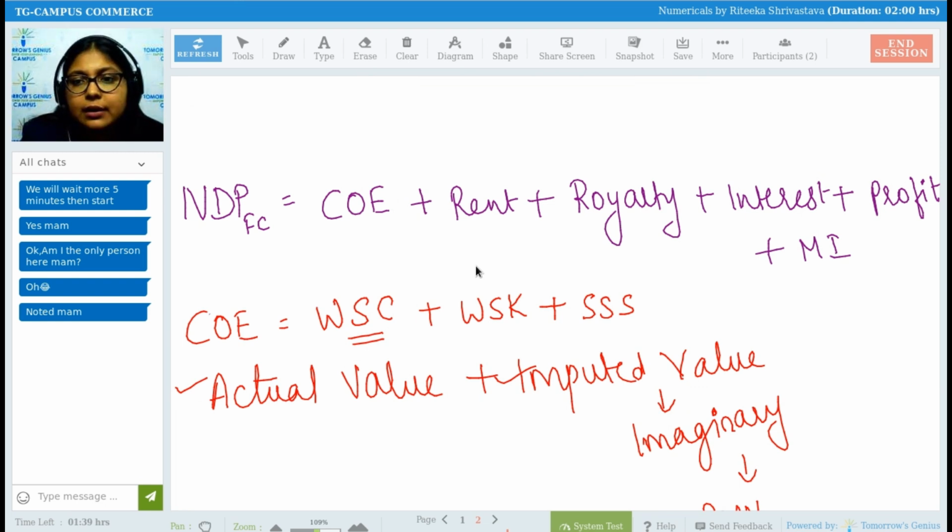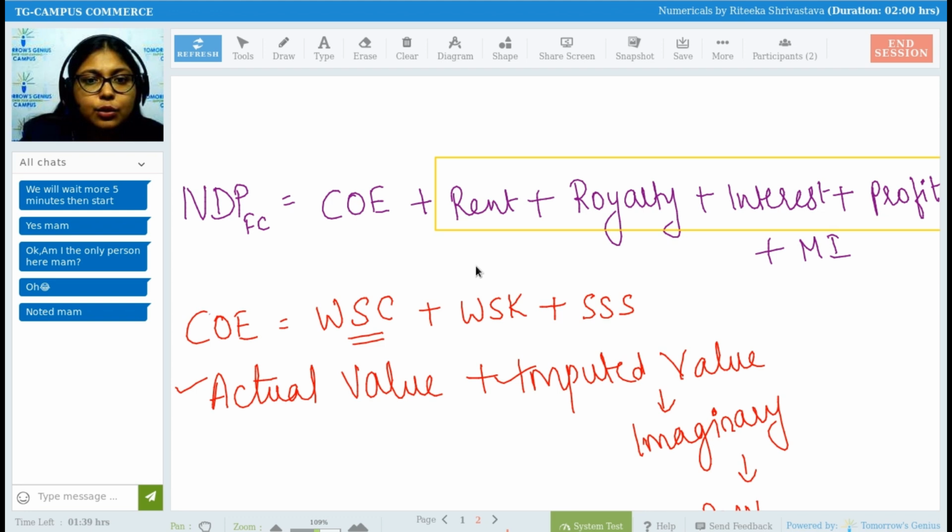You just have to cut compensation of employees and mixed income. The remaining rest you keep as it is. You will get operating surplus. Rent plus royalty plus interest plus profit. Just remove COE and mixed income from NDPFC. You will get operating surplus. Fine. So this was your next method, that is the income method.